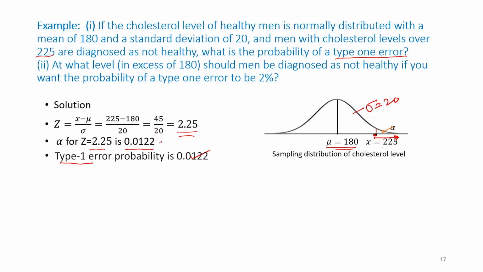Now, the second question is, at what level in excess of 180 should men be diagnosed as not healthy if we want the probability of type 1 error to be 2%? That we want the error to be 2%. In that case, what should be the level of cholesterol so that the error value is only 2%?